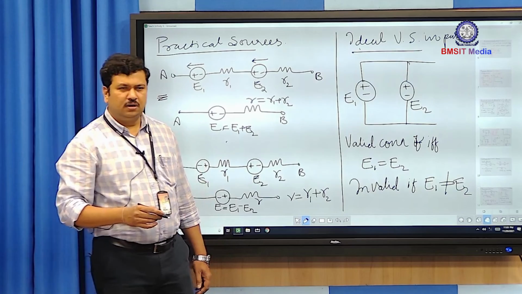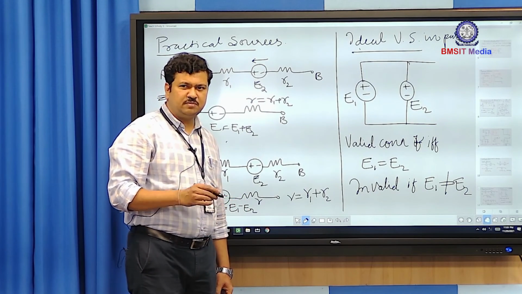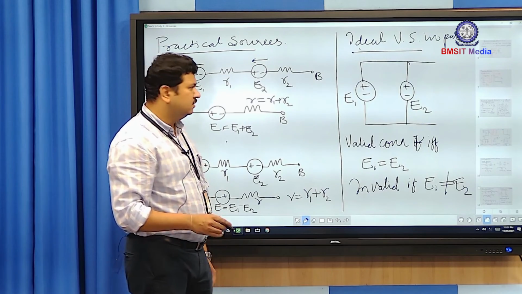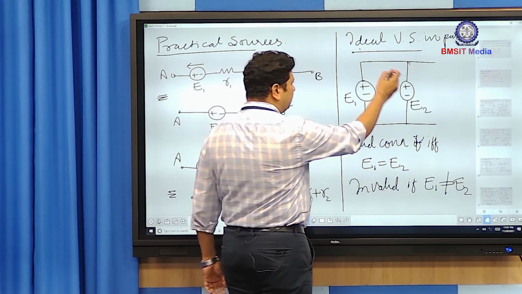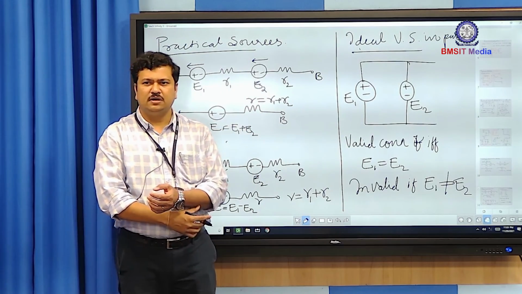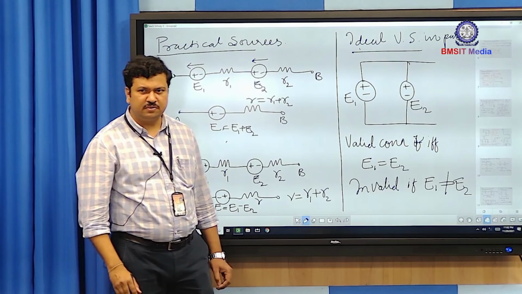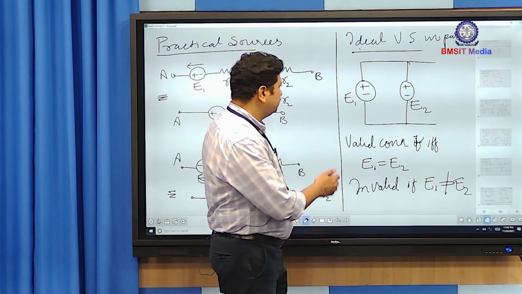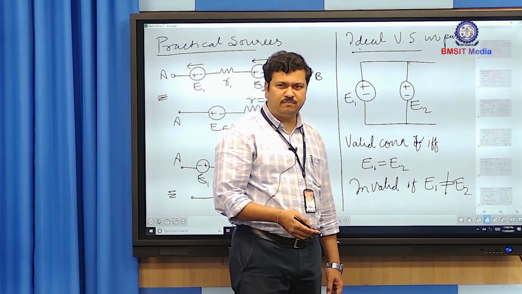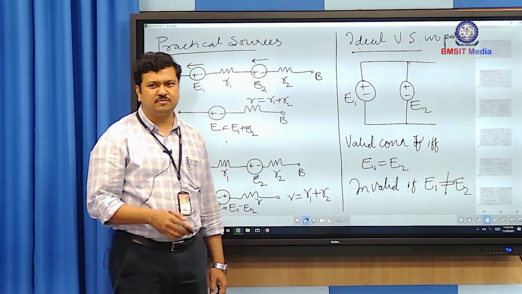If I connect two ideal voltage sources of different values in parallel, there may be a circulating current flowing in the loop, and this circulating current may reduce the load handling capacity of the system, or it may cause a very large short circuit current in the loop, which may also damage the system itself.